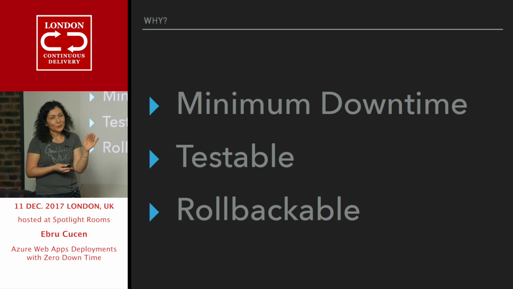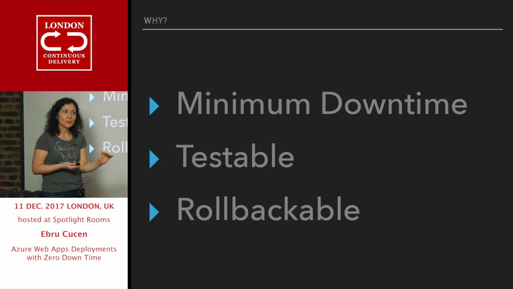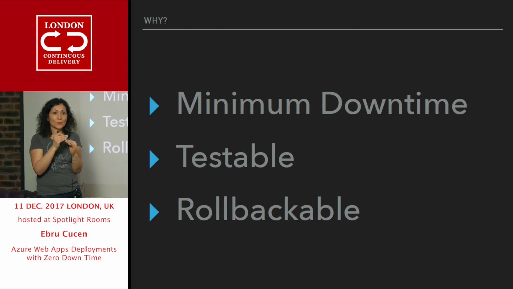So it is minimum downtime. It's not zero downtime, because during the hostname swap there's a glitch, though your end users will likely not notice. You can get around it, but if you really want zero downtime, you have to look for other options. It is testable: you run your tests after you apply the config.